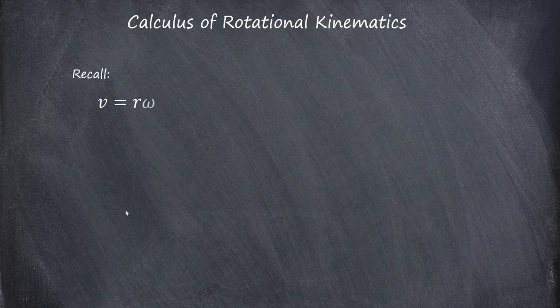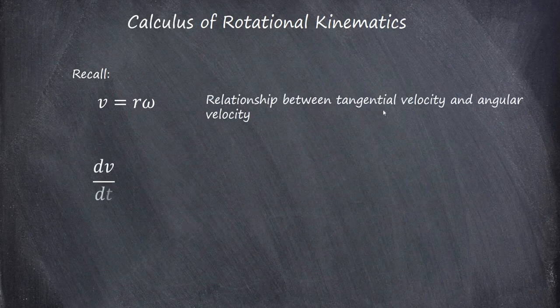Now, are you still with me? I hope. Now, recall that v is equal to r omega. This is the tangential velocity, and this is the angular velocity. The relationship between tangential velocity and angular velocity. Now, what if our velocity is a function of time, that it changes with respect to time, that it's not constant?